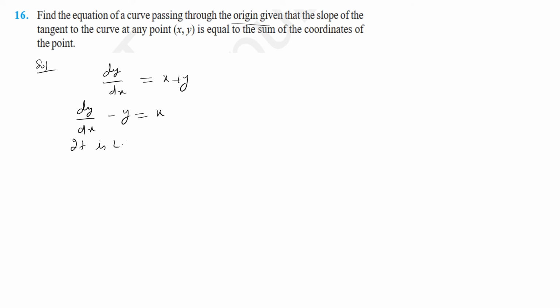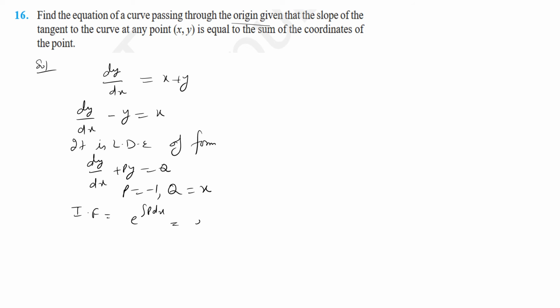So it is a linear differential equation of the form dy by dx plus py is equal to q. So p here is minus 1 and q here is x. So the integrating factor is e raised to power integral of p dx, e raised to power minus 1 dx, which is e raised to power minus x. So the solution is given by y into integrating factor is equal to integral of q into integrating factor dx plus c.